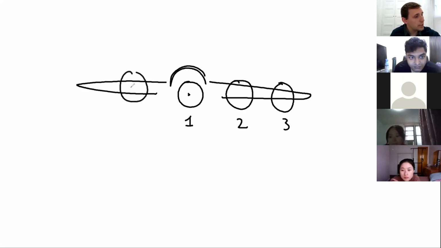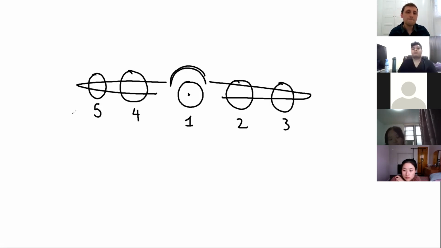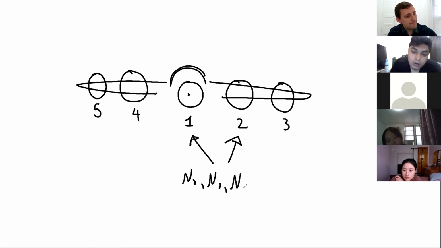Here we have engine 4 and 5, something like this. You can decide how you distribute them, right? So we are interested in N0, N1, and N2, which refer to those engines. Good.